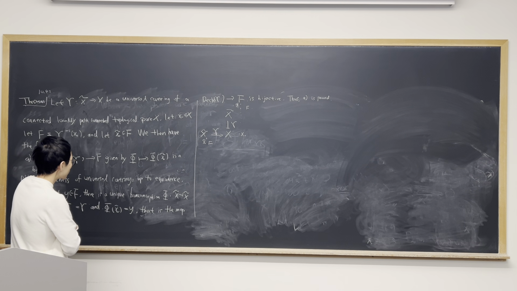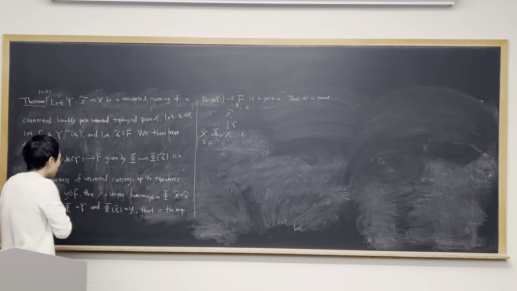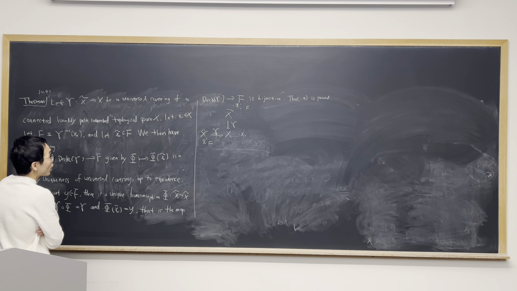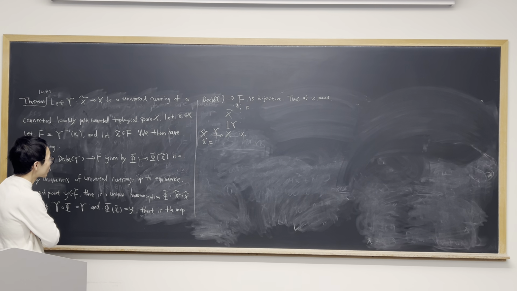So basically, if two maps send x naught to the same image, then it must be the same thing, because of uniqueness.